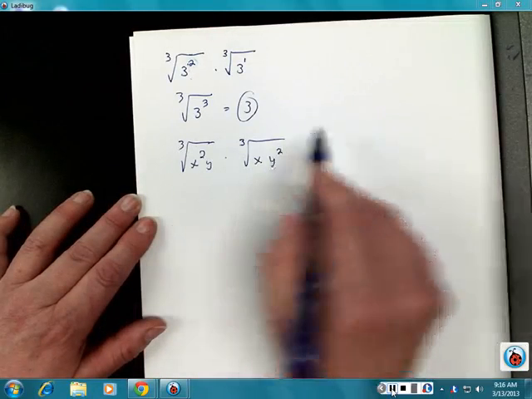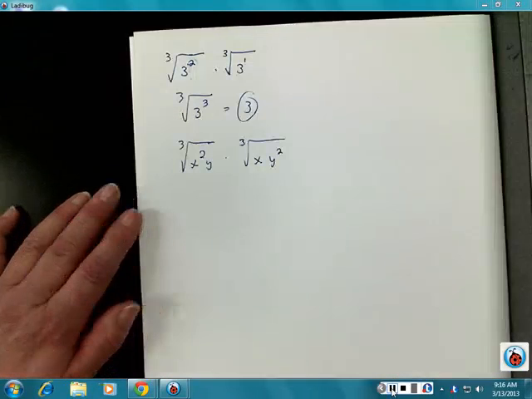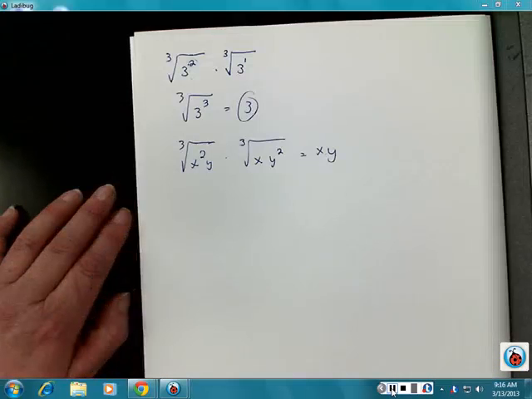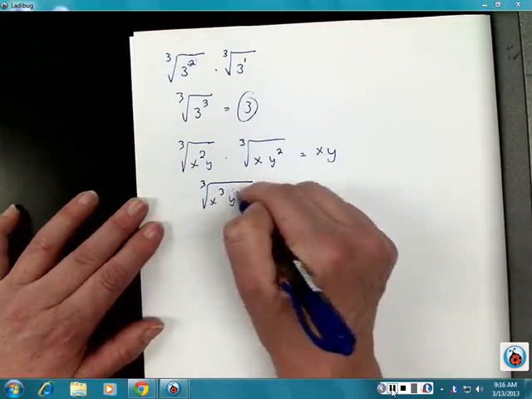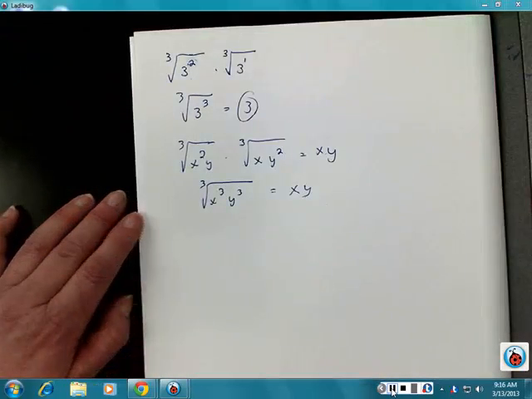And when I do that, I get an x cubed and I get a y cubed. We all okay with that part? Yes? Kinda? Got head shaking out there good. We got some good stuff going. So this would end up simply being xy when I took the cube root of it, because what I would have had under here is x cubed, y cubed, and then that would have pulled out as an x and a y.